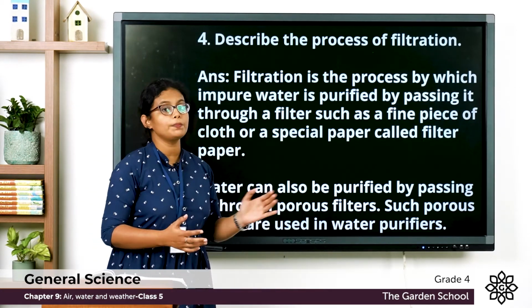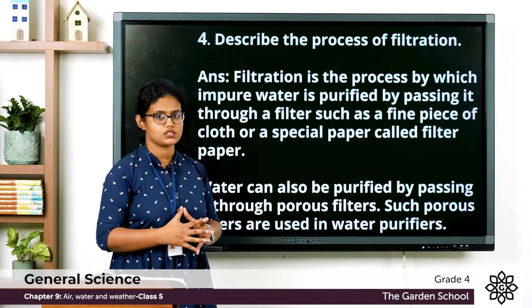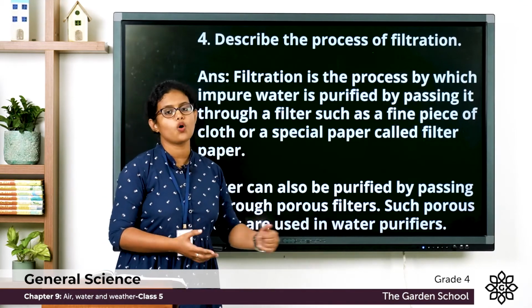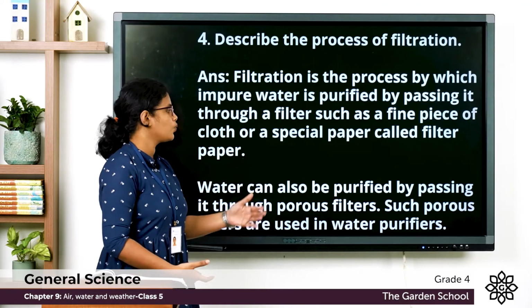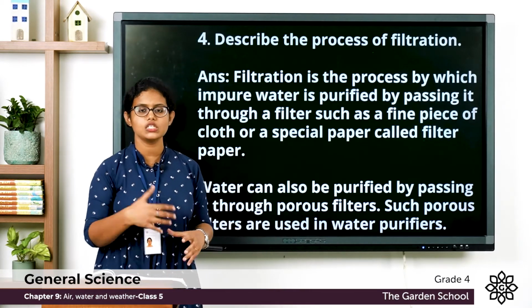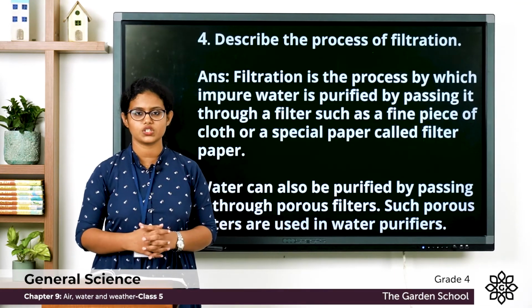Water can also be purified by passing it through porous filters. Such porous filters are used in water purifiers. In order to purify drinking water, we use porous filters. So this is also another method of filtration.